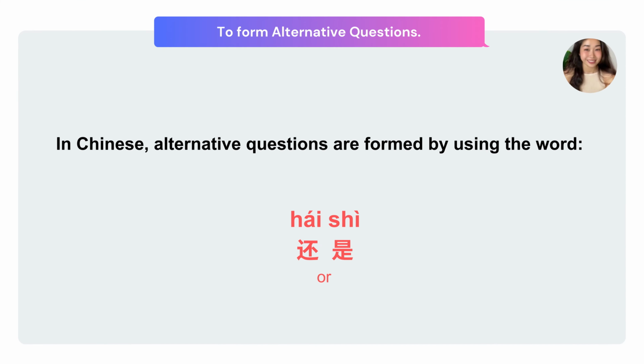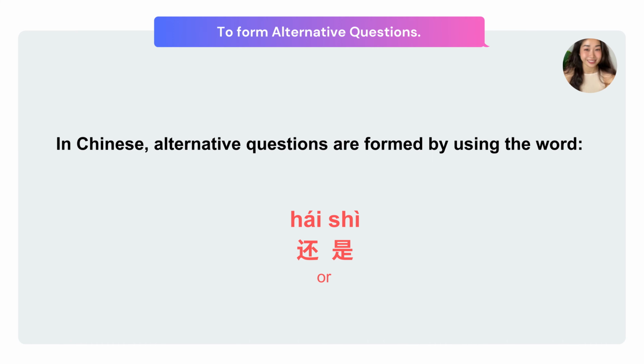The last type of question, we call it alternative questions. To form alternative questions, we are going to use 还是, which means or in English. This word is placed between two options to present a choice or alternative.